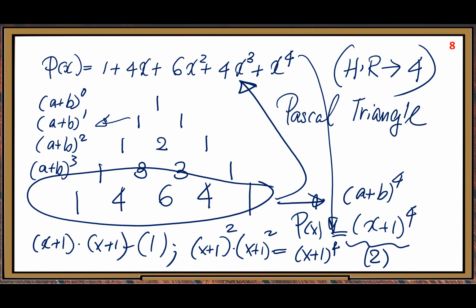You see, this polynomial needs only 2 multiplications by repeated squaring. At first view, it may not be that obvious how you can apply repeated squaring here. But you identify it as (x plus 1) to the fourth by Pascal triangle.